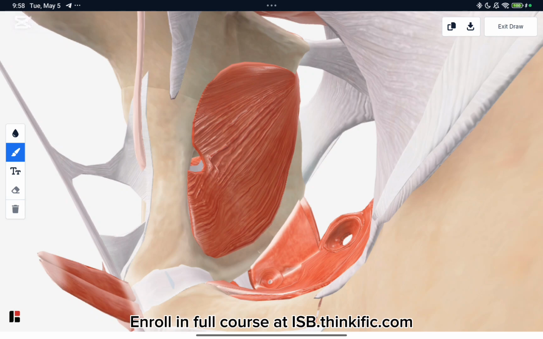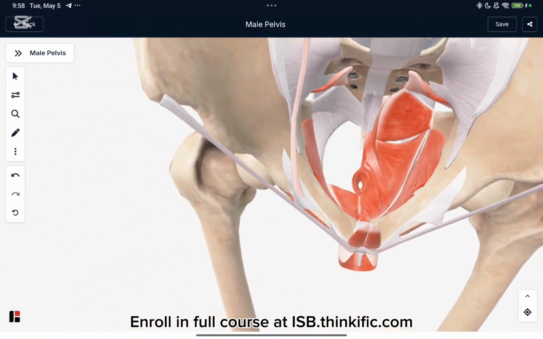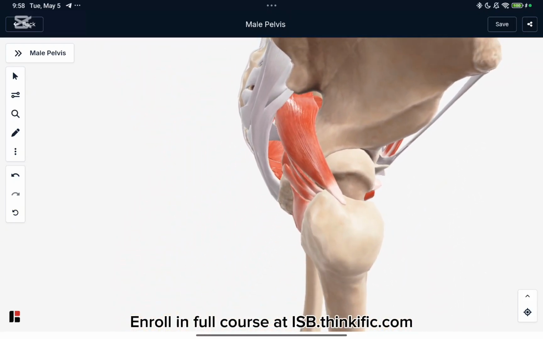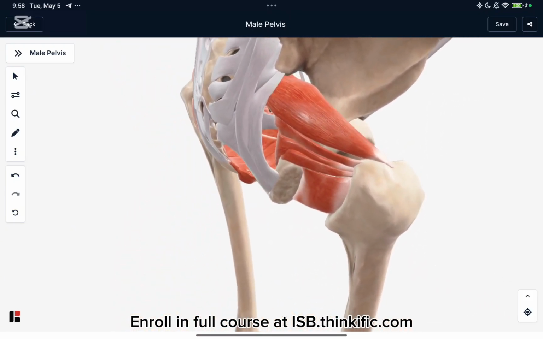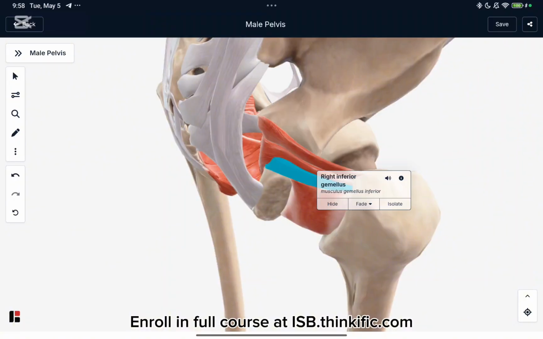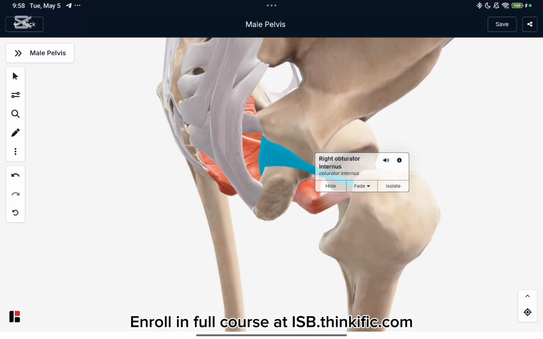Now, this muscle makes a 90-degree turn. To see where it comes out, we're going to move from the back, and there's a group of muscles with it. I'm going to remove them and just focus on obturator internus. This is obturator internus tendon.